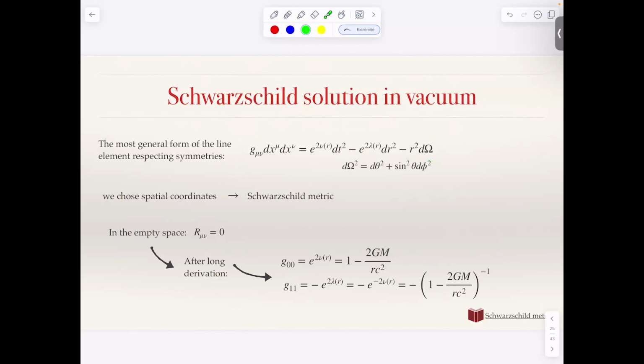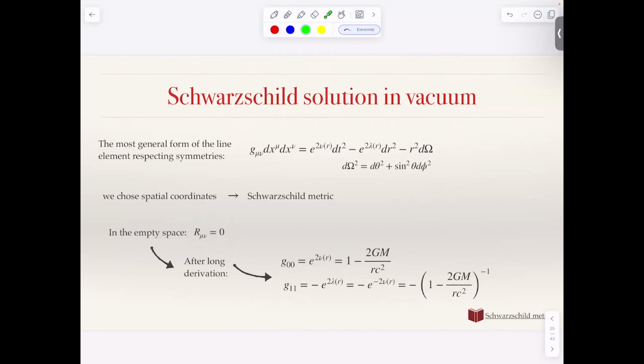If we are in vacuum, so there is no energy, the equation to solve is G mu nu, or R mu nu, equals 0. I will not do the demonstration; it's not very complicated, just a bit lengthy.